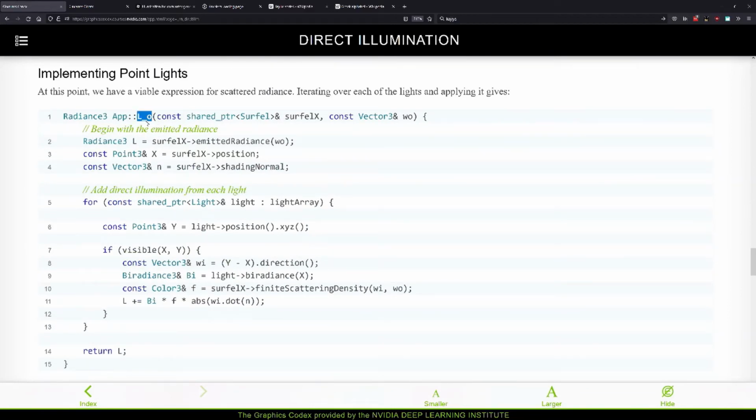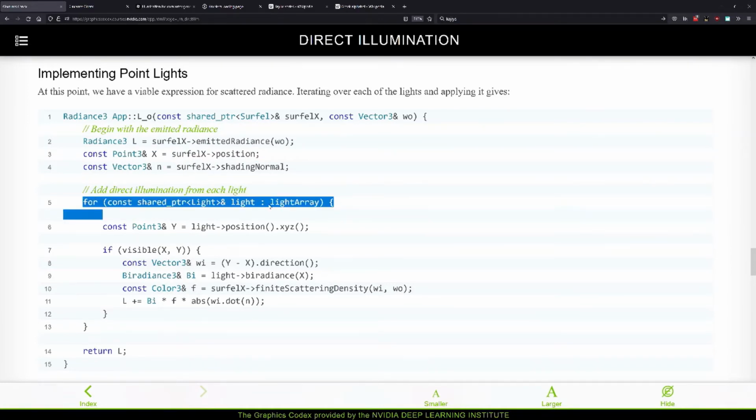So to calculate the scattered radiance at a surfel towards the eye, we have our emitted radiance, so our built-in emission. We get our position and our normal, so x is our position, n is our normal.